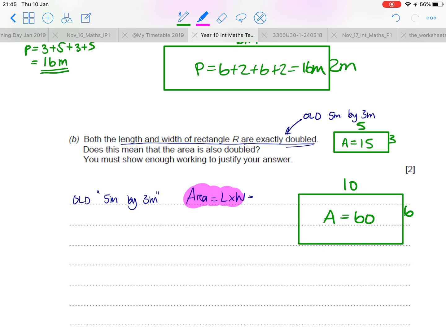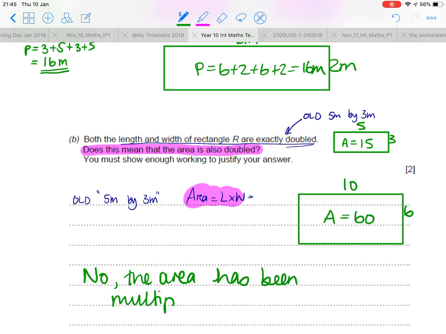Area is length times width. The question says, does this mean that the area has been doubled? And the answer is actually no. The area has been multiplied by 4.